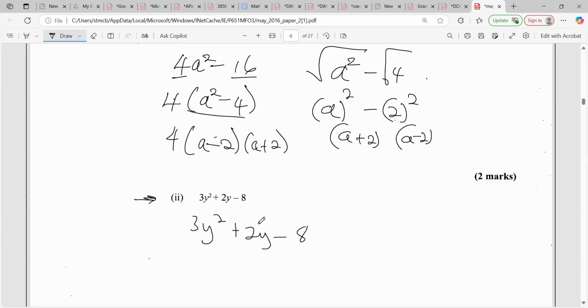First, we try if we can do the factor method. So we multiply 3 times 8 to give us negative 24, because we want two factors to replace b.